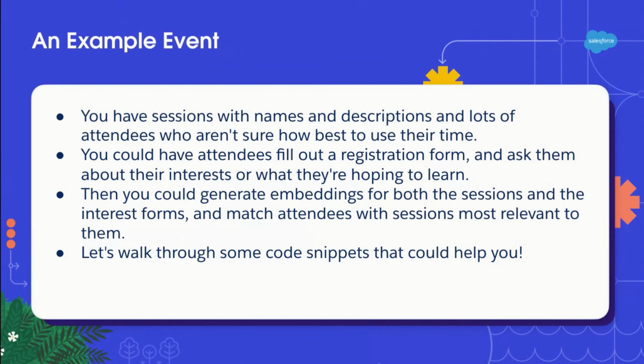You have sessions with names and descriptions and lots of attendees who aren't sure how best to use their time. You could have attendees fill out a registration form and ask them about their interests or what they're hoping to learn. From that information, you could generate embeddings for both the sessions and the entrance forms and match attendees with sessions most relevant to them. Let's walk through some code snippets of how you might do this.